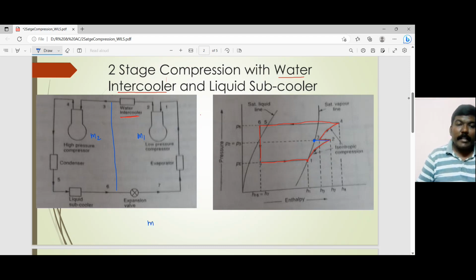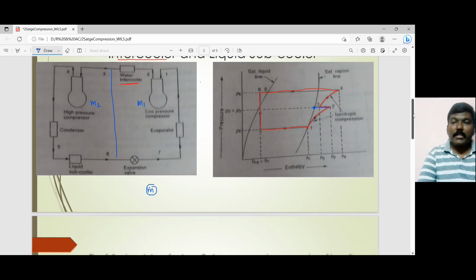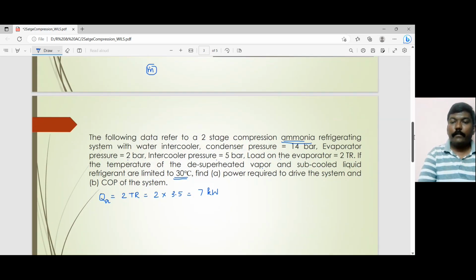So the only mass flow rate that you have is M. When you say mass flow rate, it's going to be M dot. So you are just dealing with one mass over here. It is the same mass of refrigerant that flows everywhere, so there will not be any confusion while solving this particular problem.